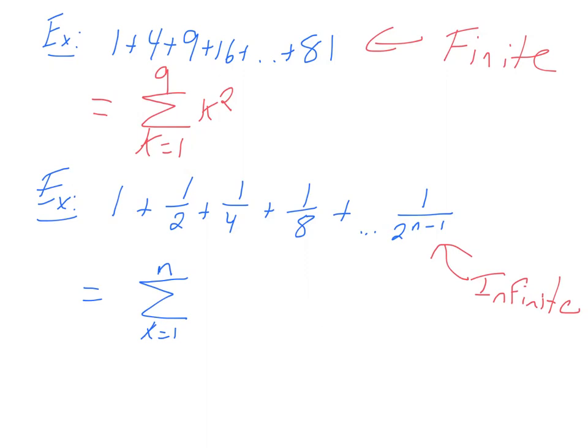And in these cases, you're sort of given that term, right? So it's just going to be 1 over 2 to the n minus 1, which is actually kind of nice and convenient. Okay, so there we go.